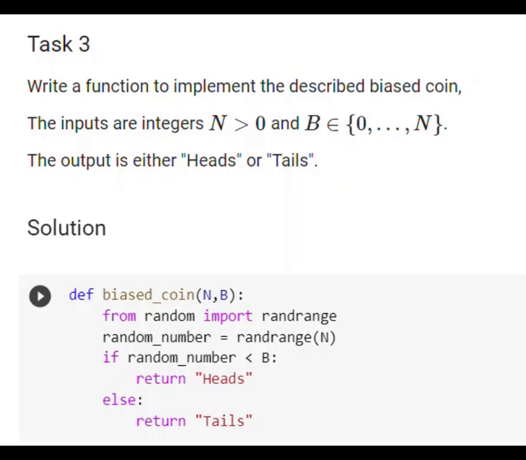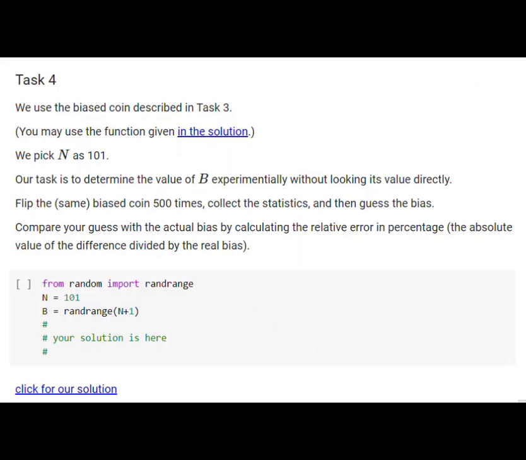We then compare this number to b. If the number is less than b, then we return the string heads. Otherwise, we return the string tails. There is no output to this code cell, as it is a function definition, which will return no output unless called by another cell. Now let's discuss task 4.